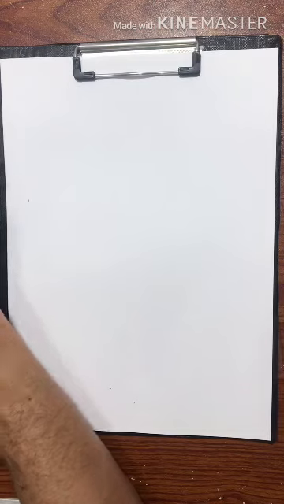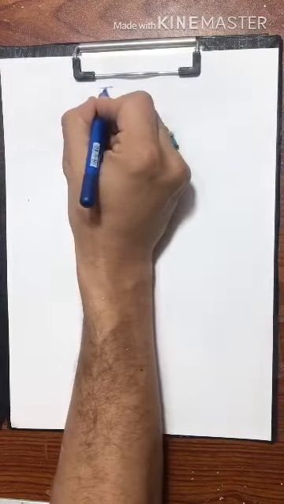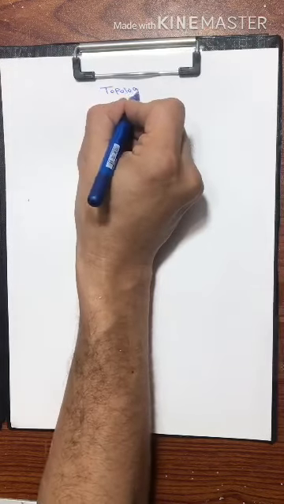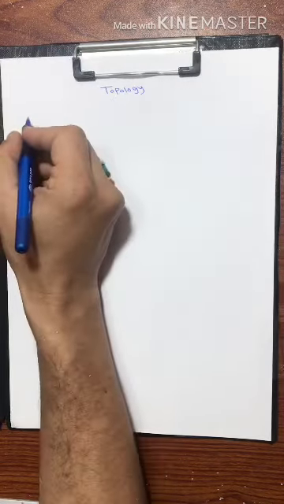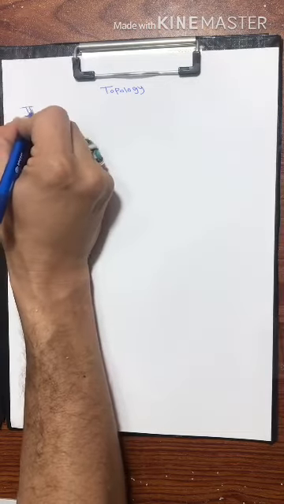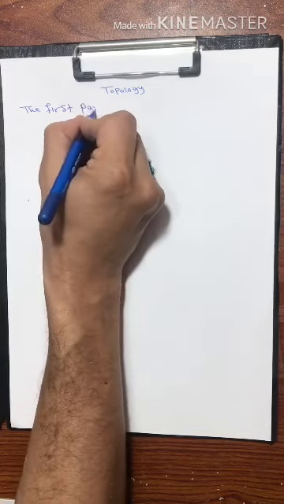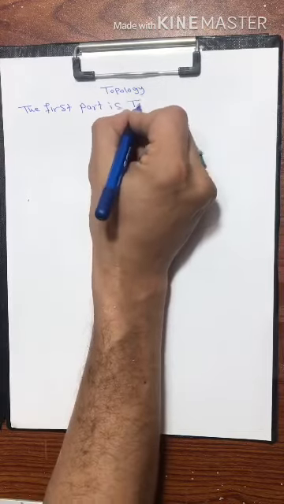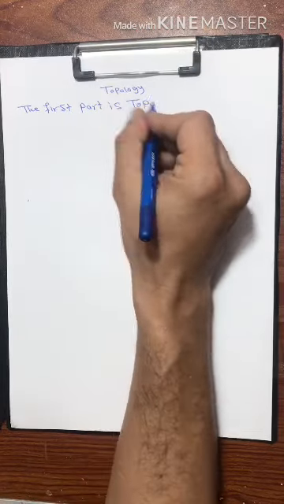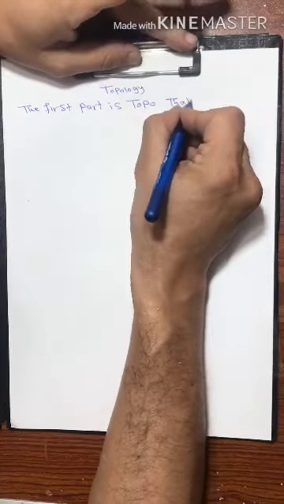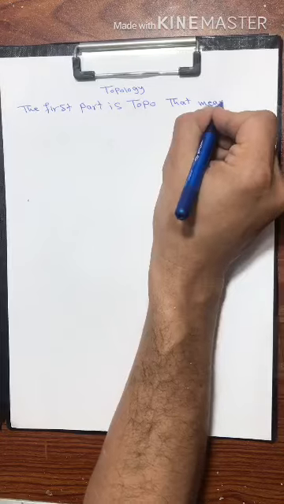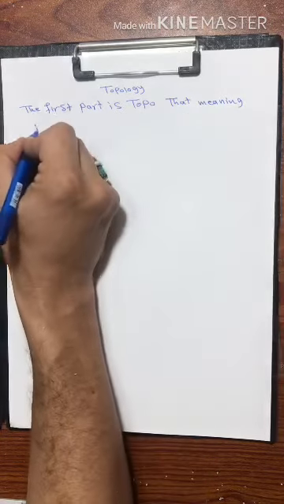First thing, topology, as the word is taken from the Greek language, is composed of two parts. The first part is topo, meaning place.